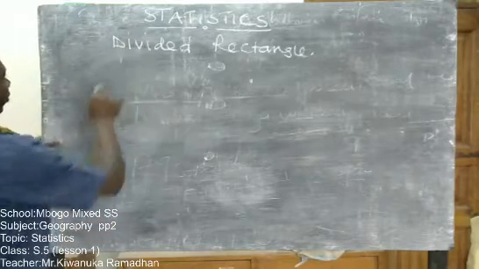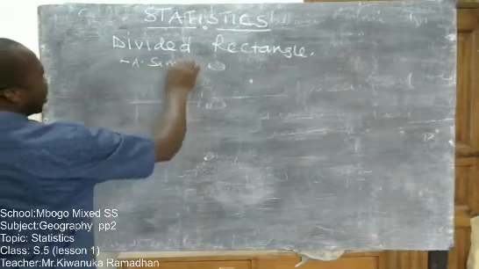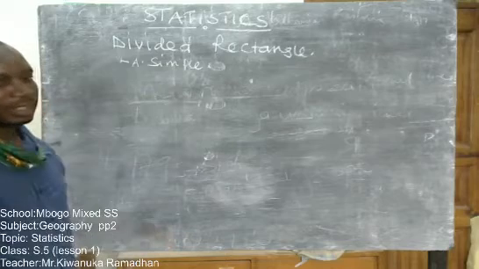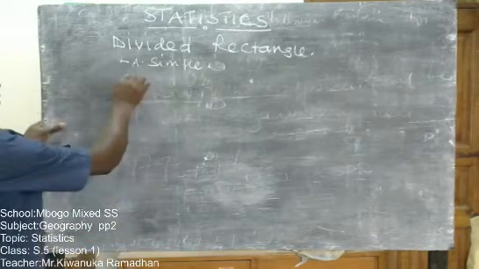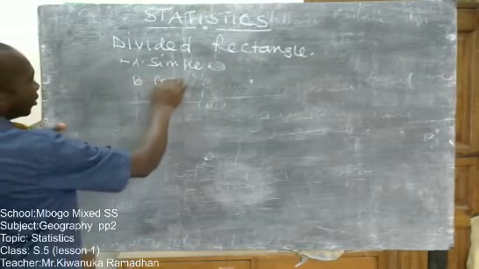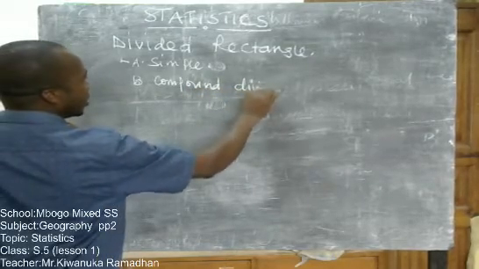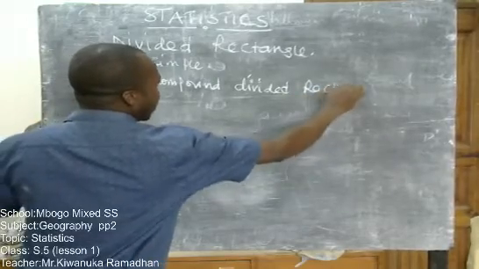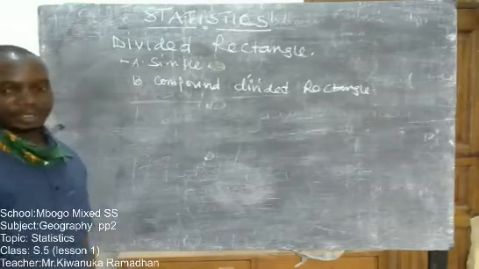Divided rectangle may take the form of a simple divided rectangle, and this one shows simple data, smaller data. Then the other is the compound divided rectangle.